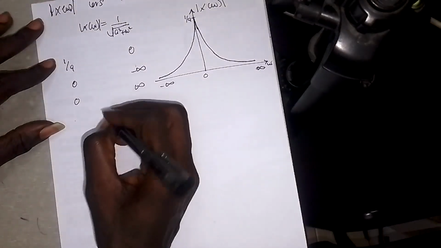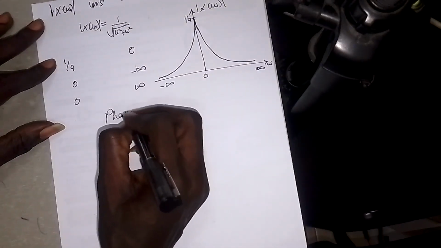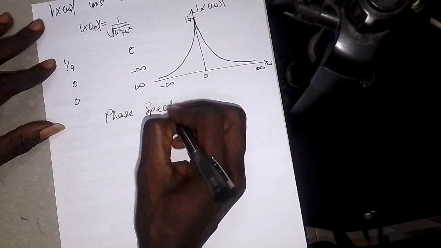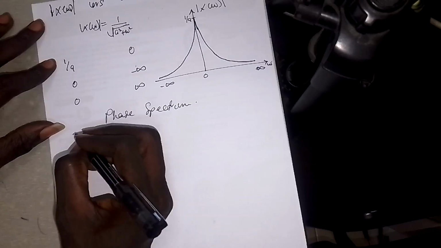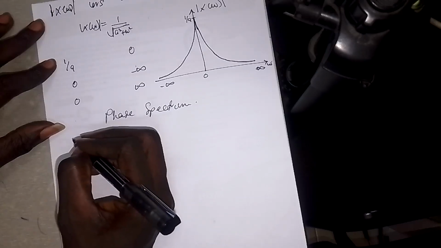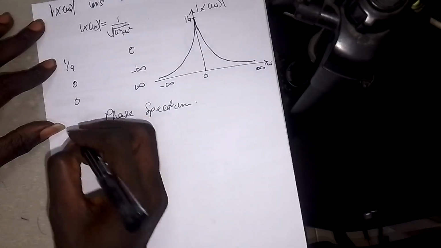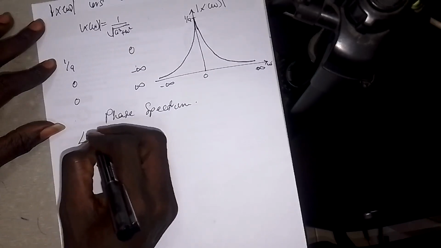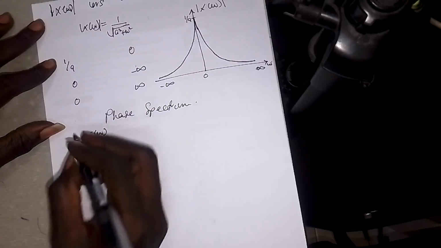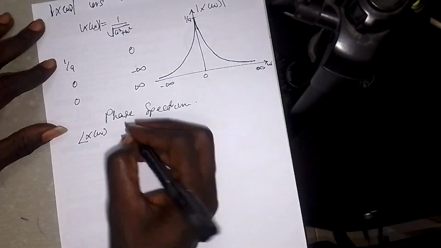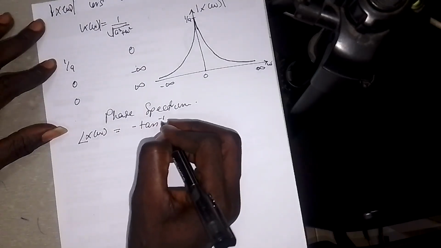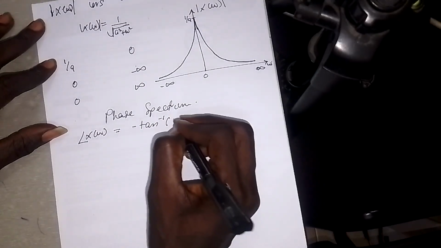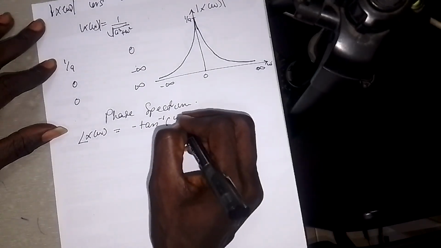Now let's see about the phase spectrum. For the phase spectrum, we're going to have the angle of X of omega, which equals minus tan inverse of omega over a.